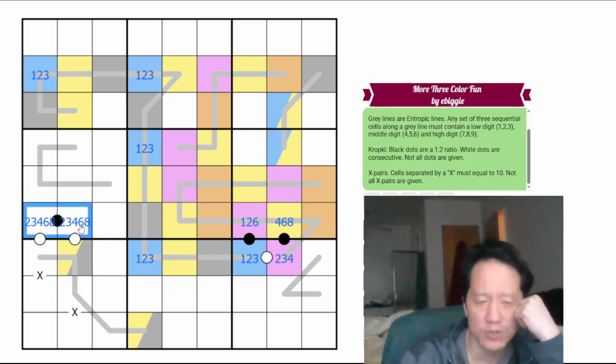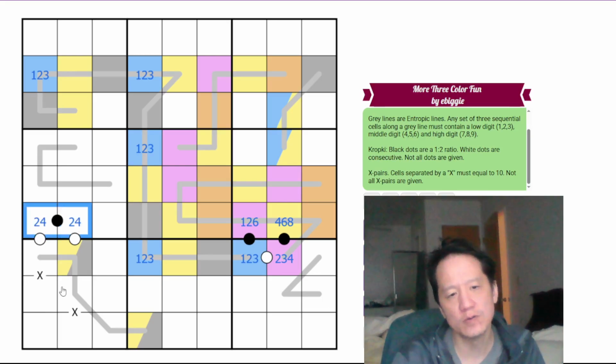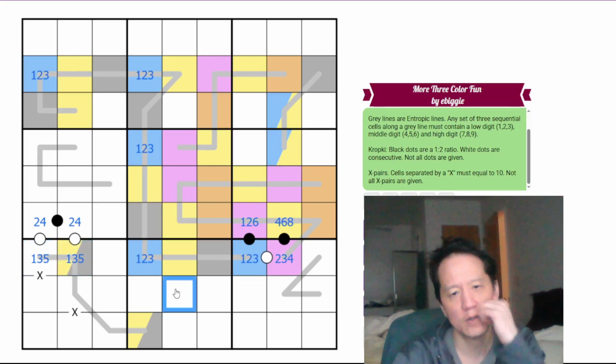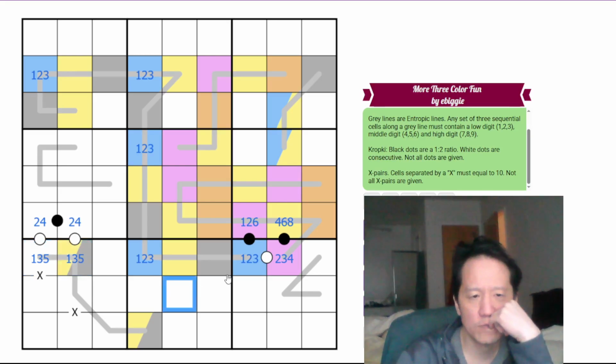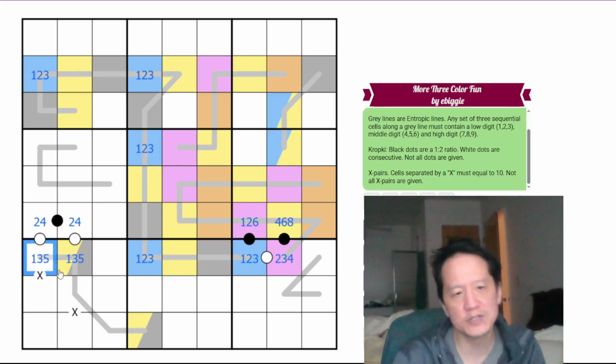Okay, let's go through all the scenarios then. What happens? Say this is 2 and 4. This has to have a low, which is a 1 or 3, and then it has to be 5 with it, right? This obviously can't be a 5, so this would have to be a 5 here.